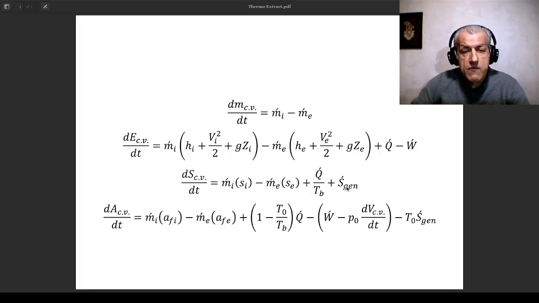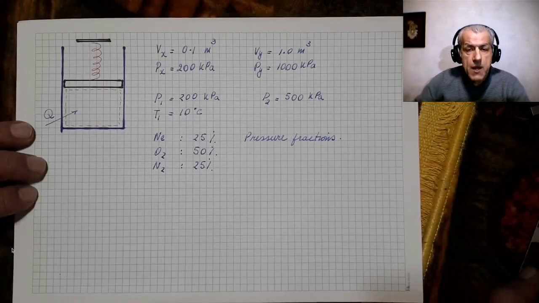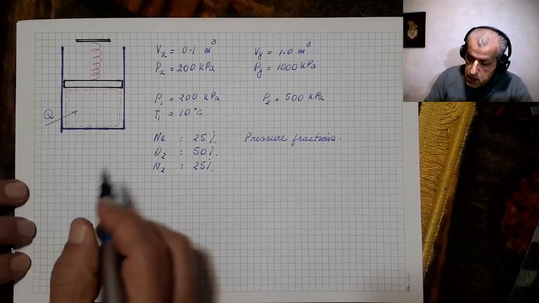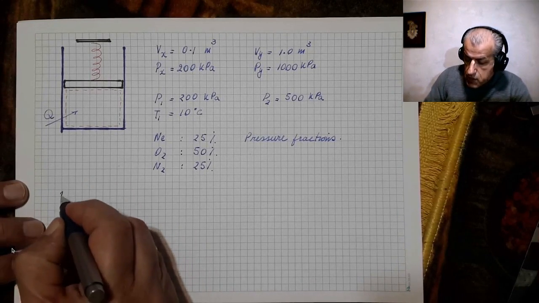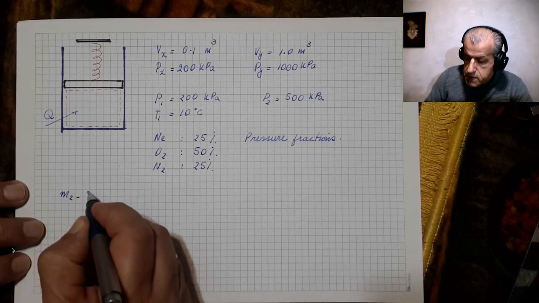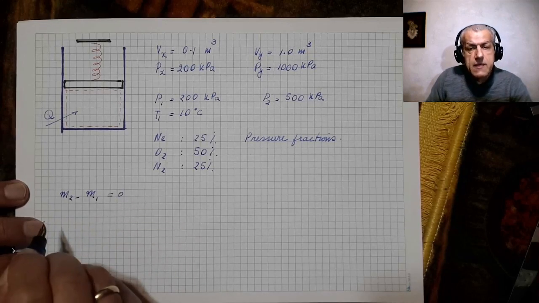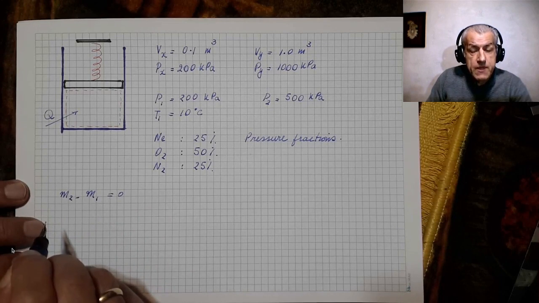And what you have to do is to simplify these equations for our very problem. And since there is no mass that enters or leaves, we should write m2 minus m1 equals 0. This is our mass conservation.